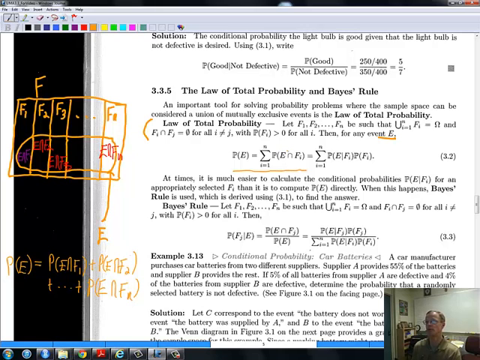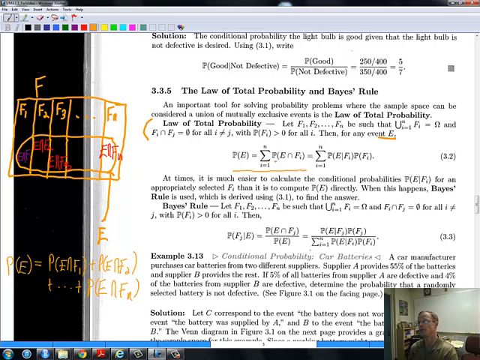Now, for intersections we don't have a natural result, but there's a corollary of conditional probability, and that is that the conditional probability is the intersection divided by the probability of the whole part. In this case, F sub i is the whole part. That's the big box, and then I have this subset of it.